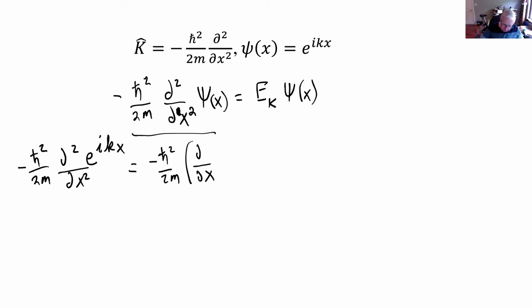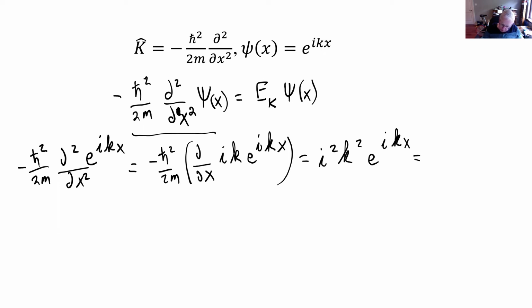When I take one derivative, what I get is ik e to the ikx. And if I do that one, then that says I'm going to get i squared k squared e to the ikx, which is equal to minus k squared e to the ikx, right?